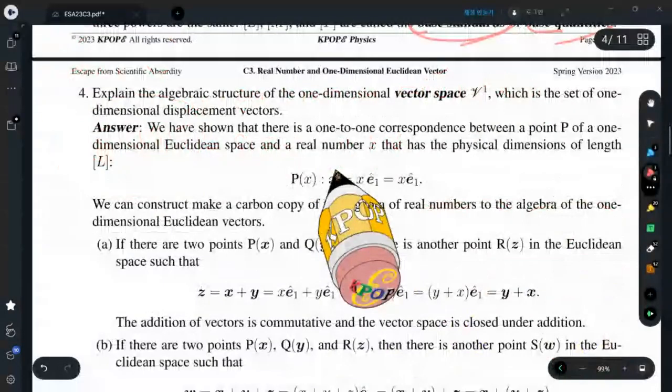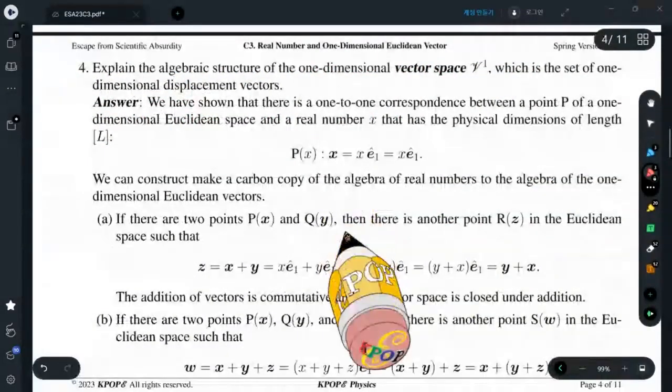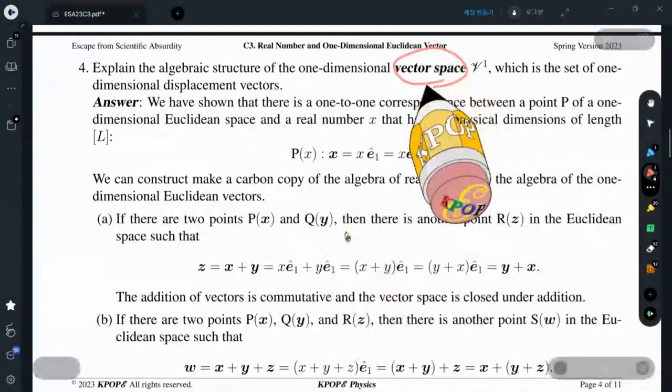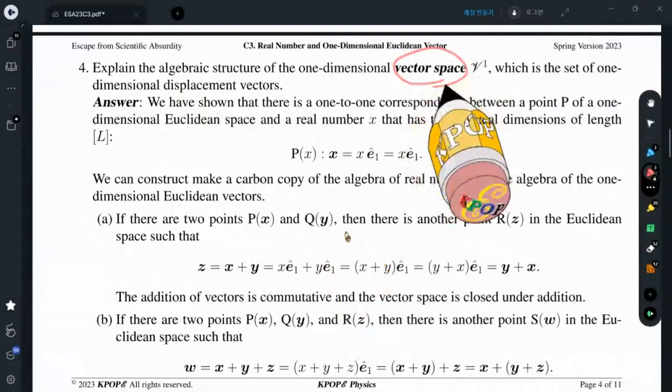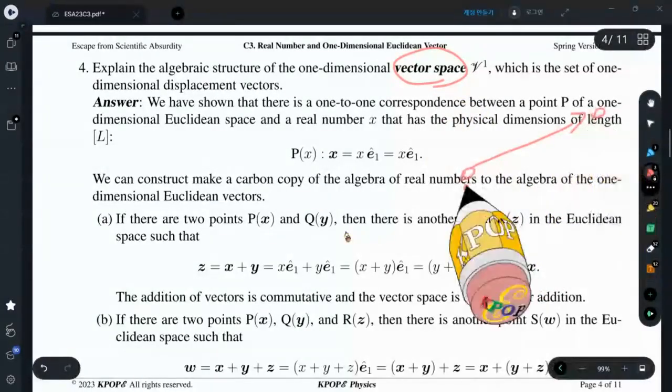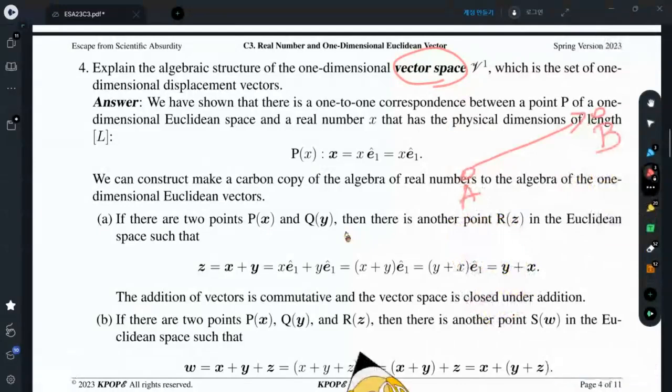Explain the algebraic structure of a one-dimensional vector space. A vector space is something like a set whose elements are vectors. And the most fundamental vector, I told you, is a displacement, changing the position from one point to another in three-dimensional space.